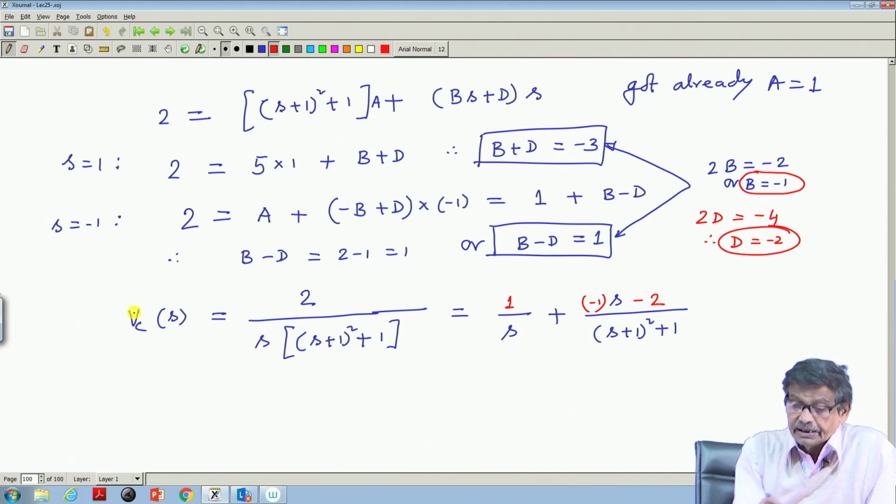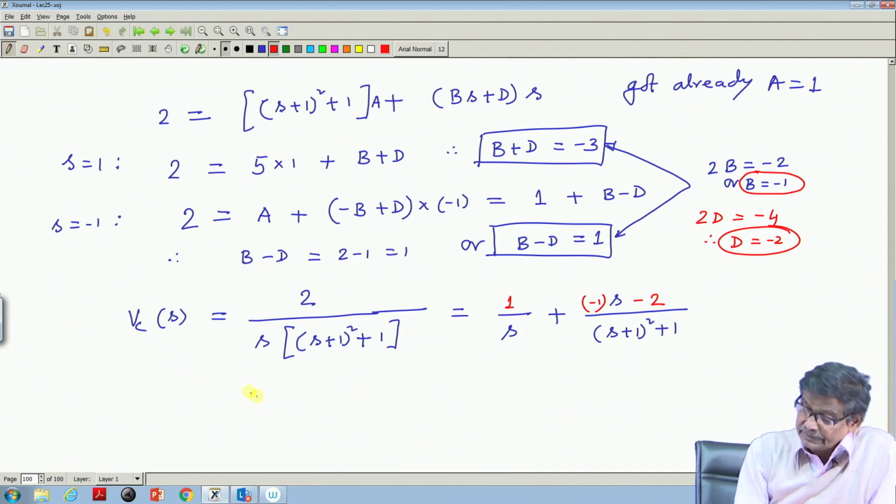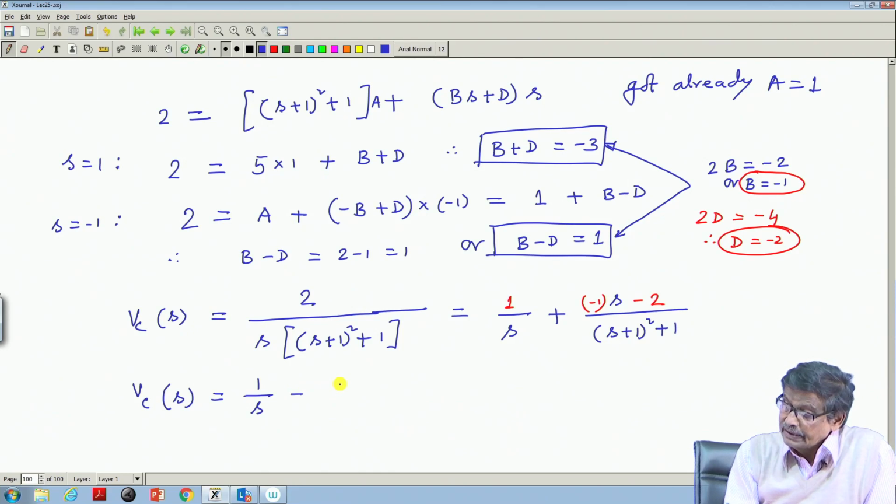So, this can be written as VCS, I will say, is equal to 1 over S minus S plus 2.